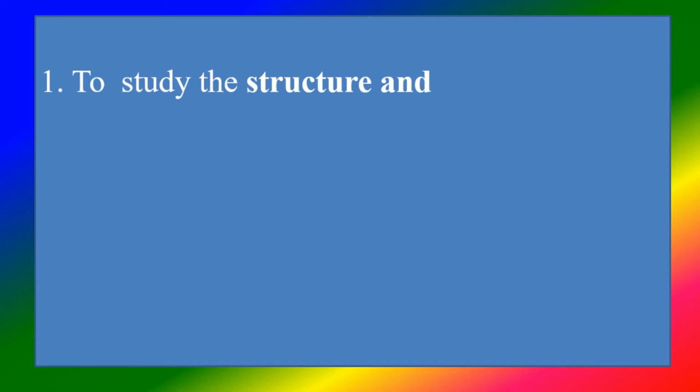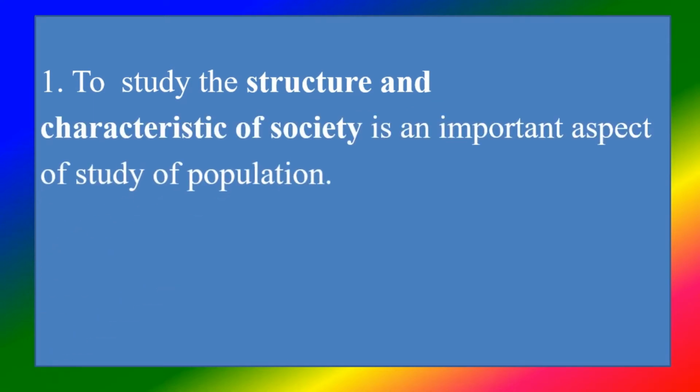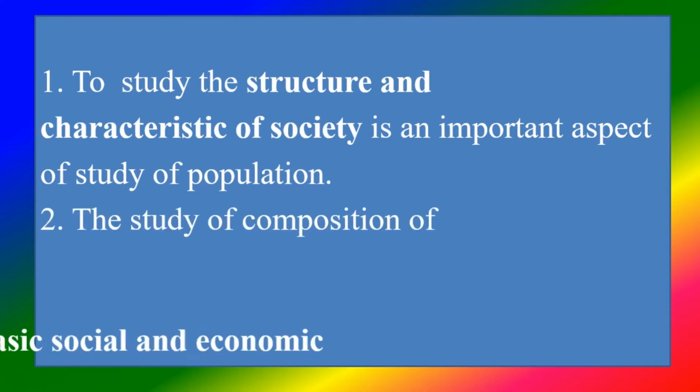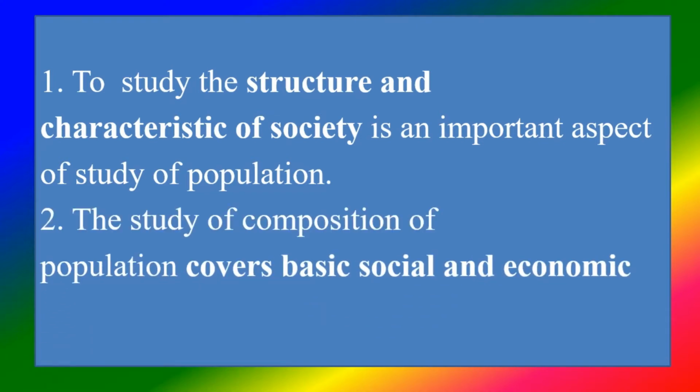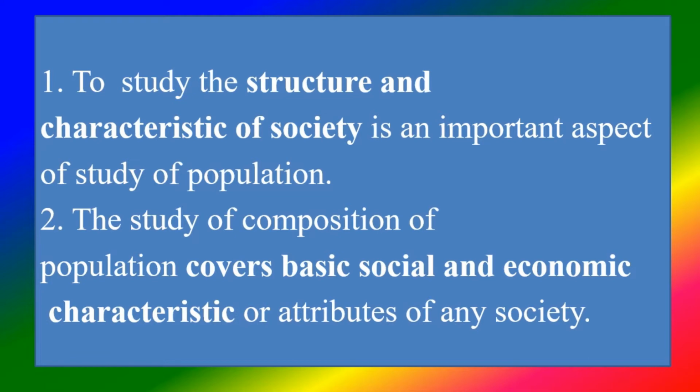First, studying the structure and characteristics of society is an important aspect of the study of population. Second, the study of the composition of population covers the basic social and economic characteristics or attributes of any society.